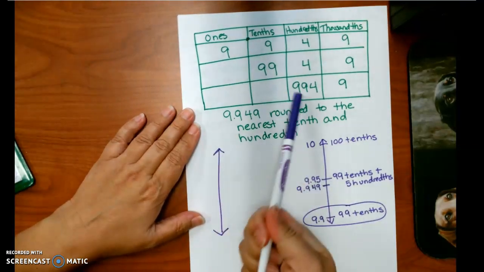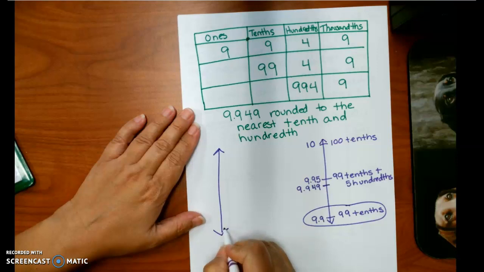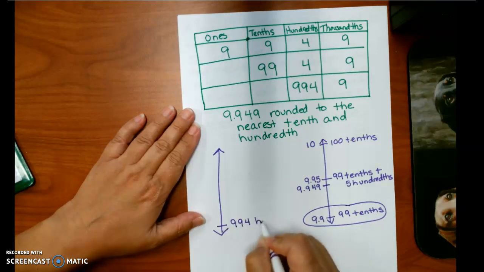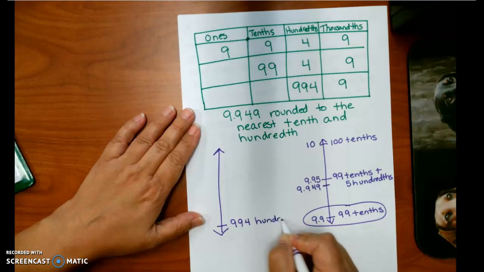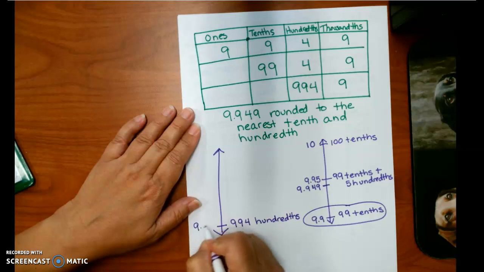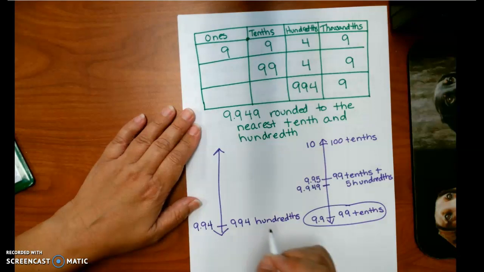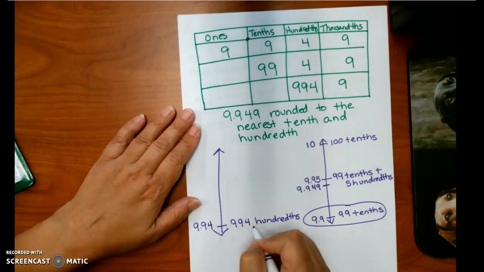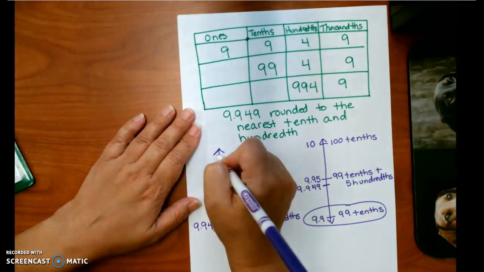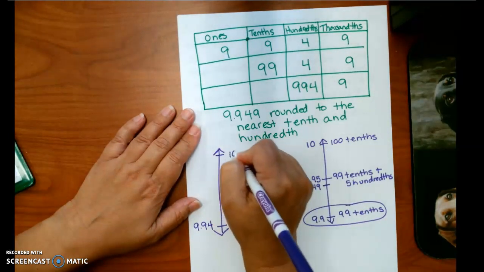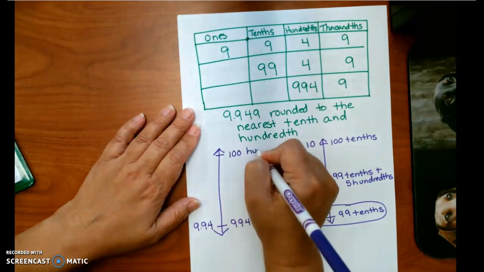How many hundredths do I have? 994 hundredths. As a decimal, it looks like that. Again, what's one more than 994? It's going to be 100 hundredths.